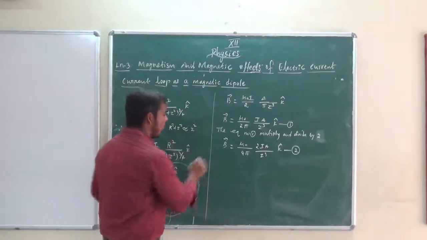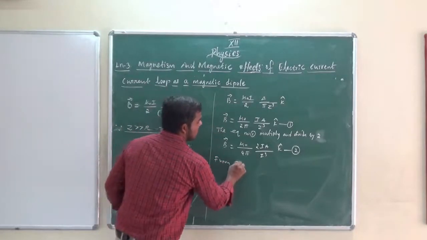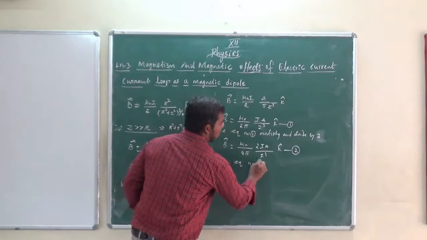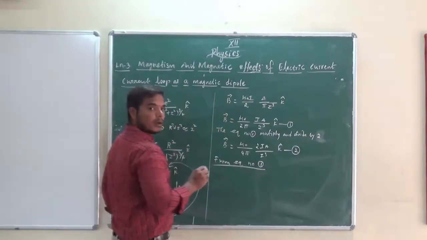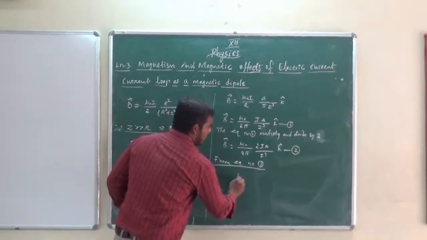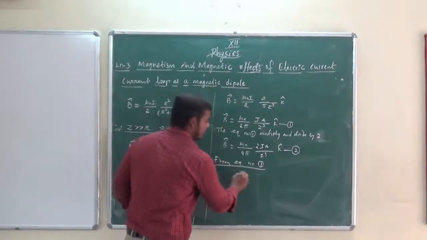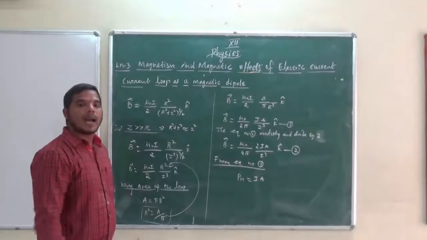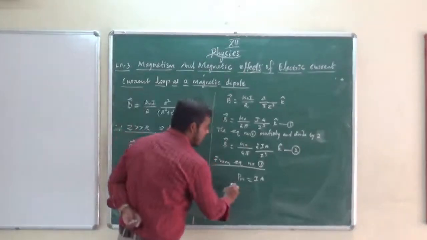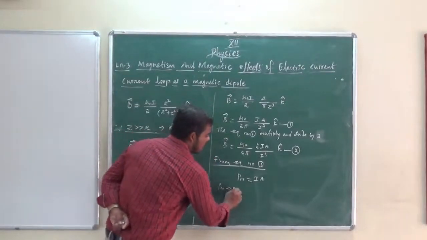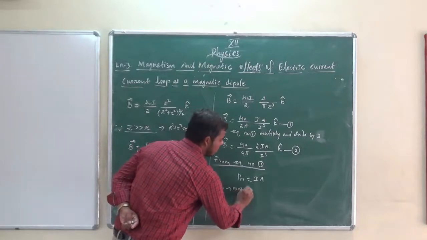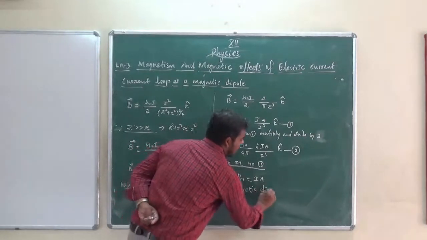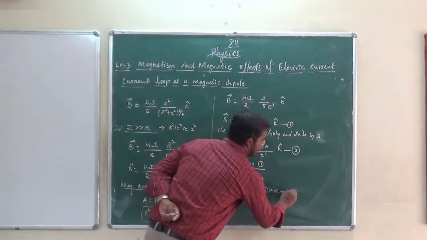From equation number 1, here PM equals IA. What is PM? Here PM represents the magnetic dipole moment.